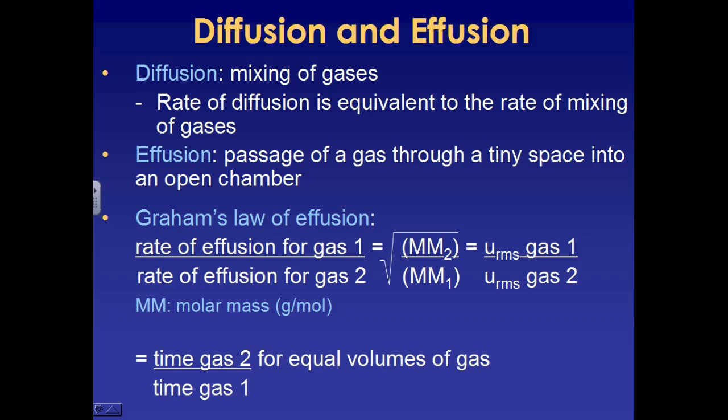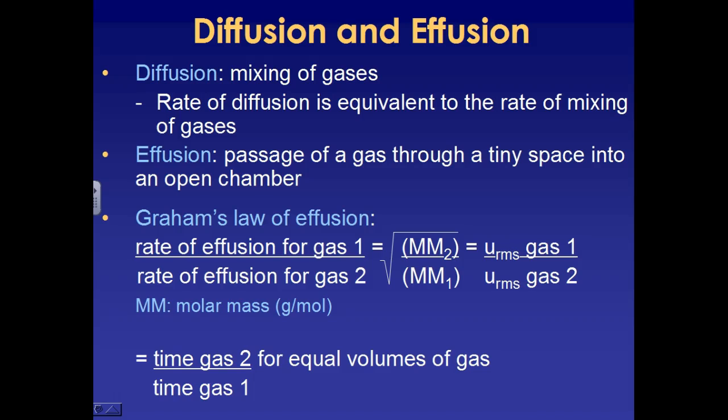And it tells us that the rate is inversely proportional to the molar masses of those gases if we take the square root of them. That's going to be similar to their velocities, but the rate is proportional to their velocities. It's inversely proportional, or an inverse square proportional, to the molar masses, but it is directly proportional to their velocities.